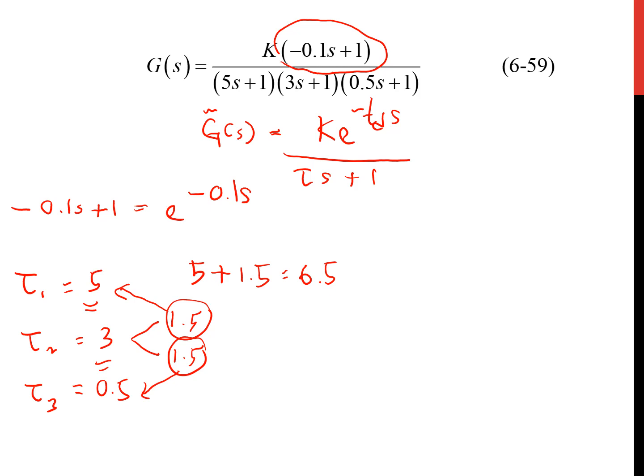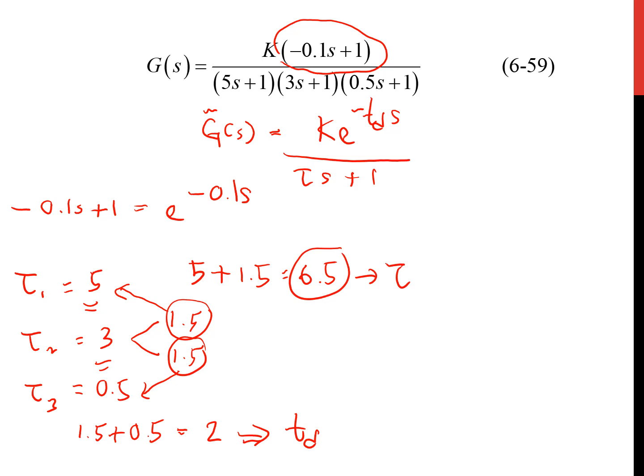So 1.5 plus 0.5 becomes 2. This becomes your time delay TD, and this 6.5 becomes your tau.